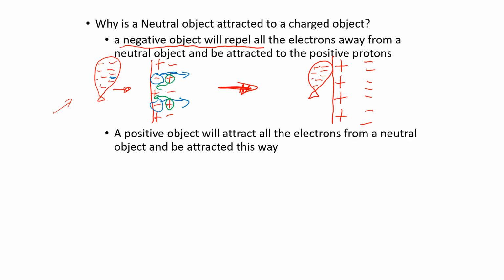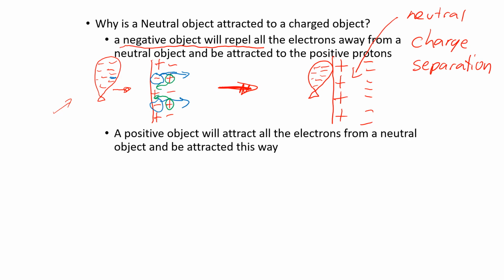What happens inside the wall is that technically the wall is still neutral, but we now have charge separation. And that is why that negative balloon is attracted to and sticks to the wall, because all the positives are next to the balloon and all the negatives are further deeper into the wall.